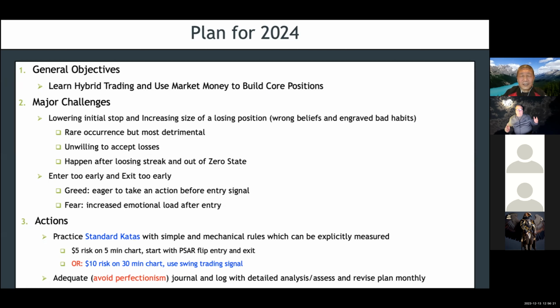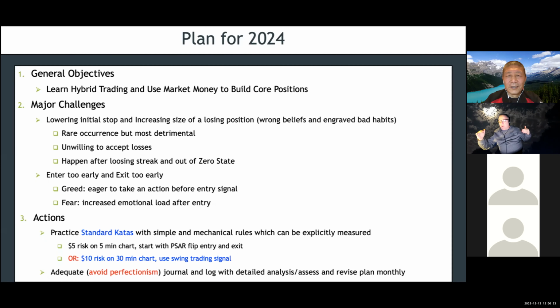That way I'm using market's money in a deliberate way, as opposed to being emotionally positive about a win and then increasing the position size, or emotionally negative about a loss and then trying to hurry up and add more to it so that when it turns around, I can get all my money.